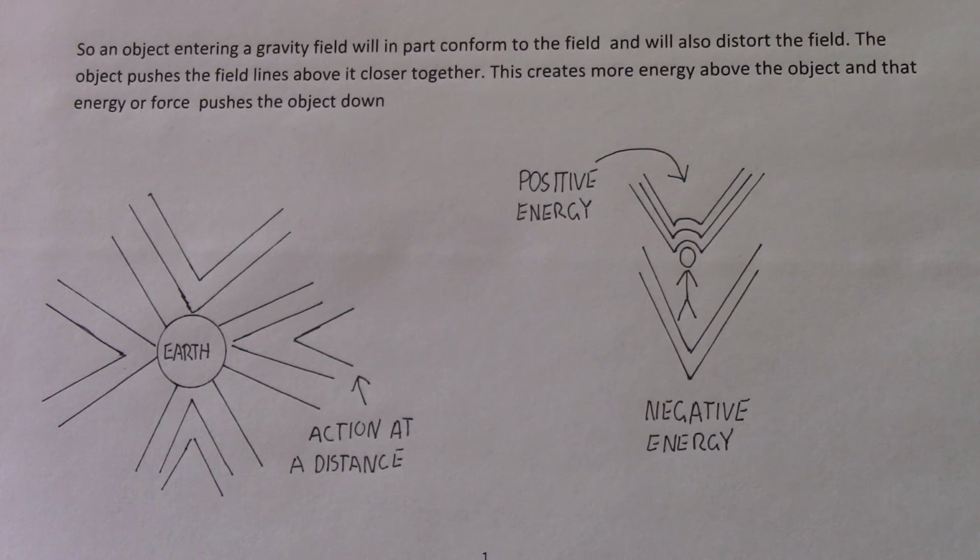Now, as an object is falling in a gravity field, the energy above the object increases, and the energy below the object becomes more negative. However, the ratio of energy above and below the object remains constant, and it's this that gives us an equivalence to an inertial reference frame.